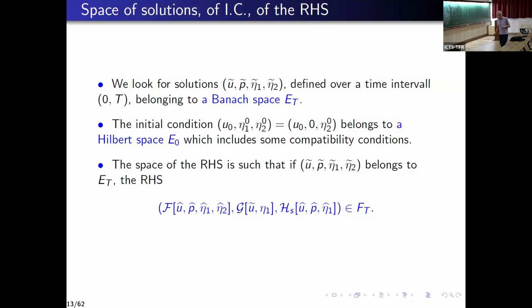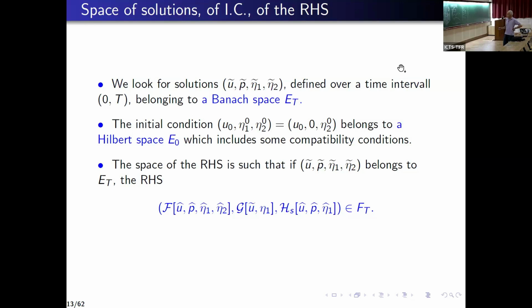Why? Because I'm going to try to obtain a local in time solution. So the time is not fixed, and so I have to take different possible times to define this space ET.